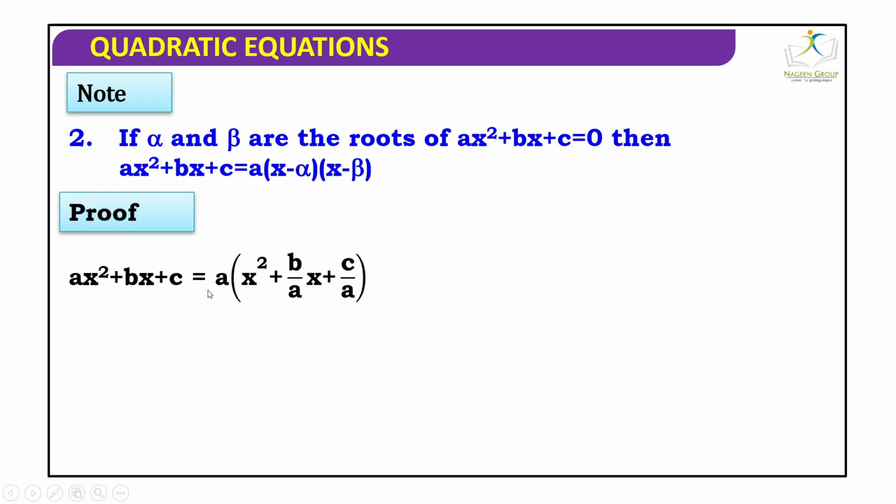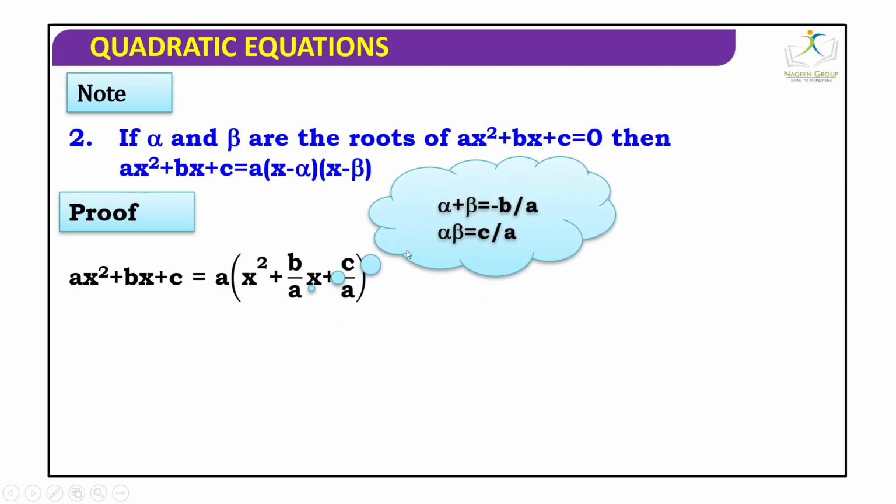So now let's understand the proof. First of all, you take a common, then that will be x square plus bx by a plus c by a. Now alpha plus beta, as we are saying, is minus b by a and alpha into beta is c by a. Put the value: x square minus alpha plus beta into x plus alpha beta. So now this will be a common, x minus alpha and x minus beta.